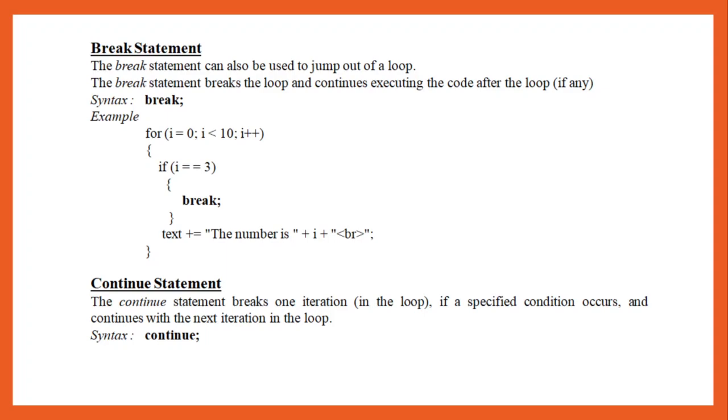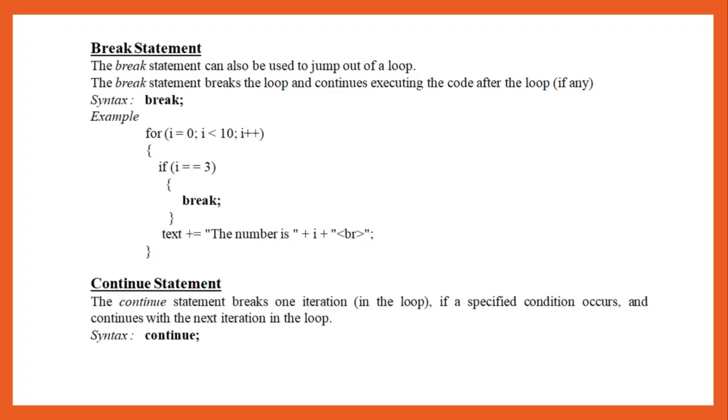Whereas continue continues with the next iteration in the loop. The break statement can also be used to jump out of the loop. It breaks the loop and continues the execution with the code after the loop.